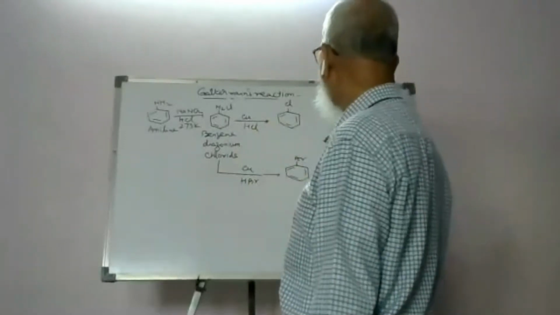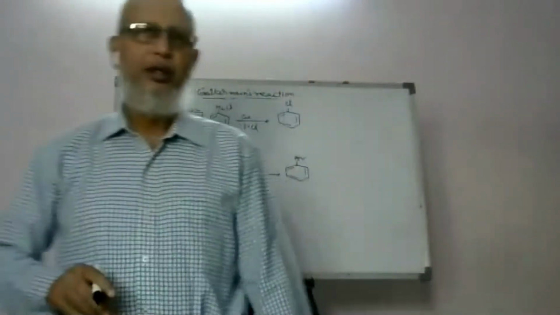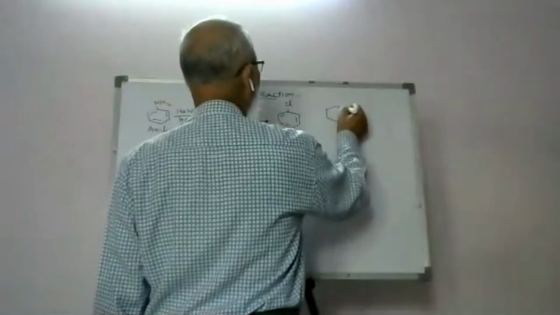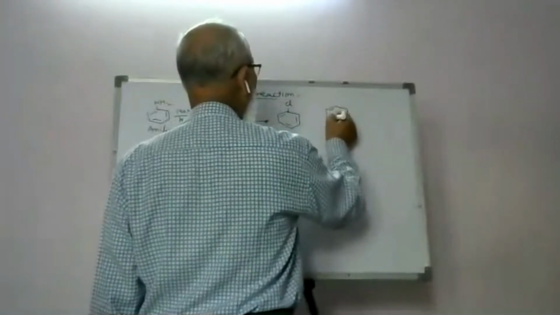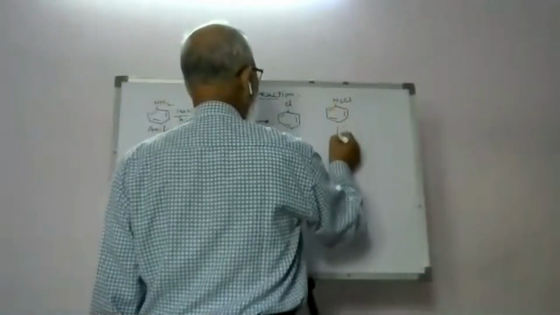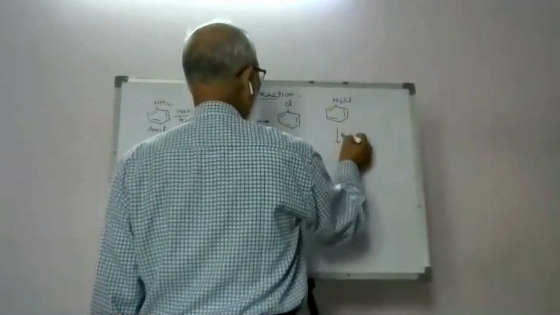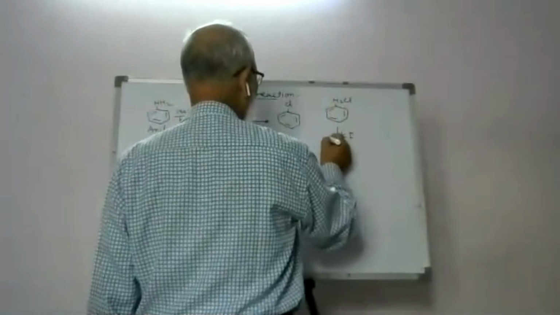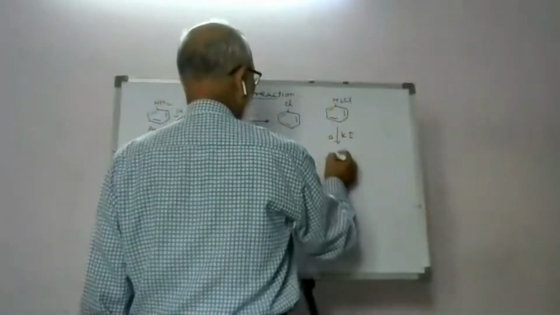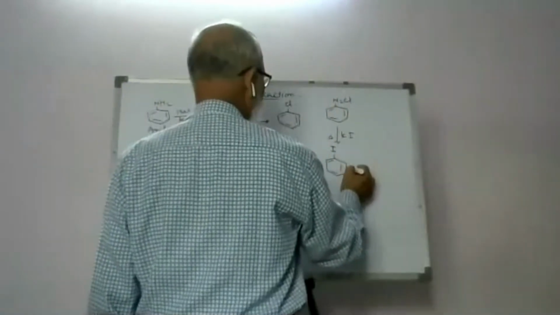Now, if you want to prepare iodobenzene, then this benzene diazonium chloride on heating with potassium iodide will give you iodobenzene plus KCl plus N2.